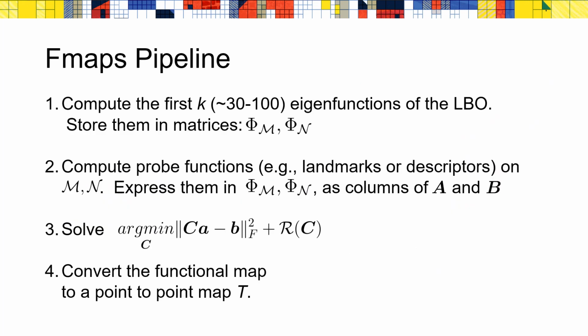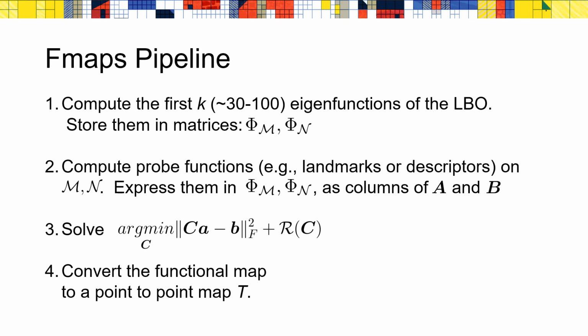So just to give a small recap of the functional maps pipeline, given two shapes M and N, we can compute the first k eigenfunctions of the Laplace-Beltrami operator and store them in the matrices Phi M and Phi N. Usually k is in the interval between 30 and 100.